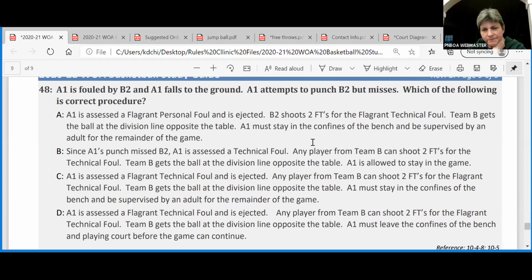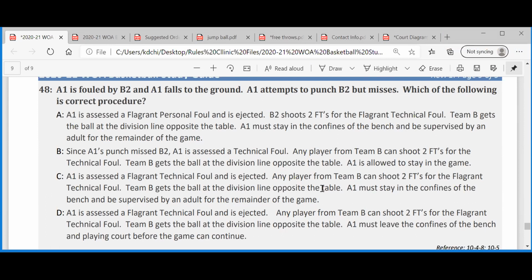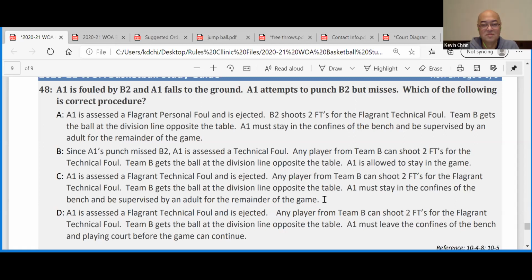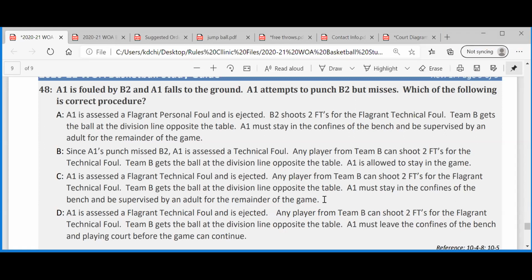So you understand the subtle difference? It's that last sentence: he must stay within the confines of the bench, because there's adult supervision. So what does adult supervision mean? Does that mean an adult needs to be seated by him the rest of the game? No. He can be on his bench because the coach is there. Just the end of the bench.